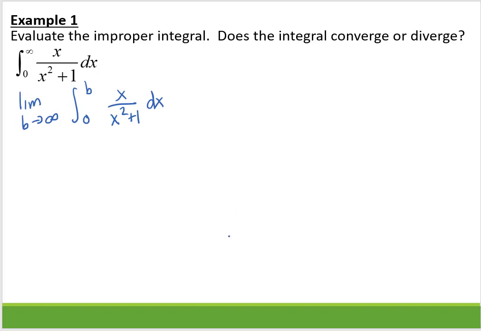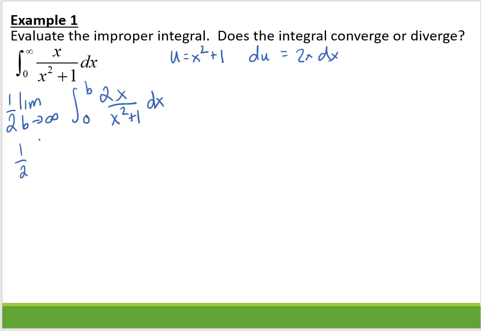We kind of expect you to know a lot of these integrals. This is a u substitution where u equals x squared plus 1. So du is equal to 2x dx. So I need a 2 inside, a 1/2 outside, and I can actually pull that 1/2 out in front of the limit if I want.